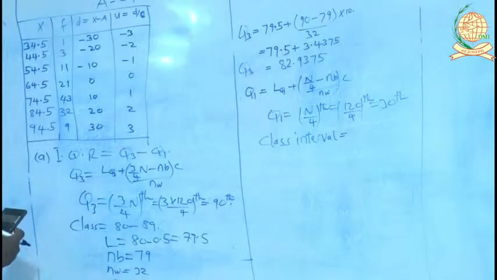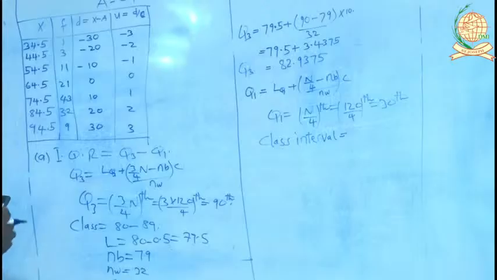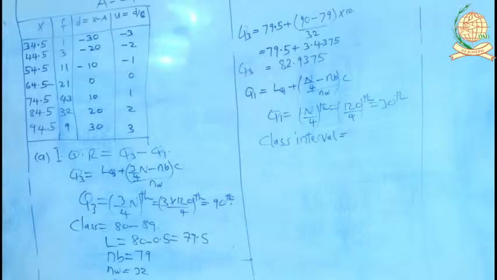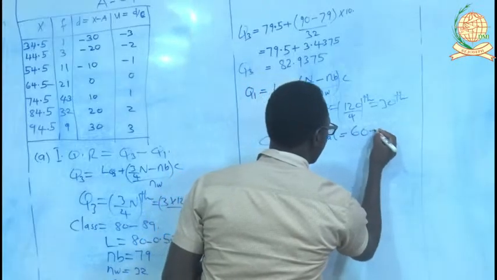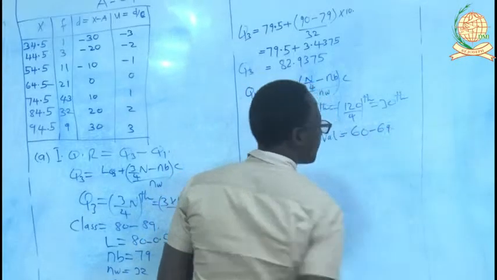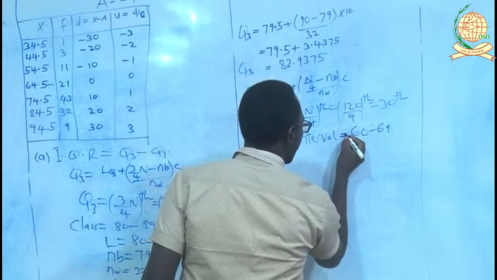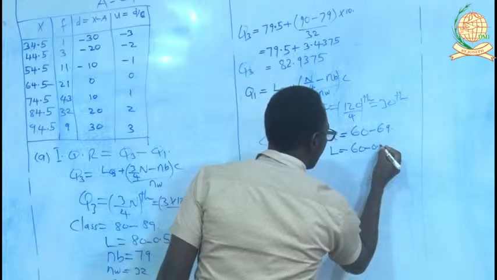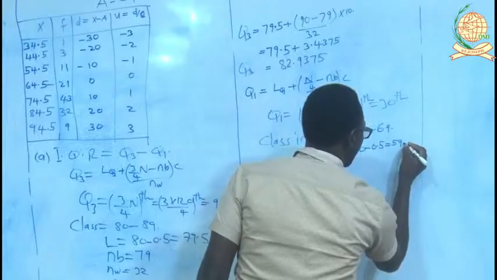So 1 plus 3 plus 11 plus 21, yeah, 36. So it is here. The class interval is 60 to 69. Now from there, find L, NW, NB, and C. So L, you take 60 minus 0.5. There you get 59.5.